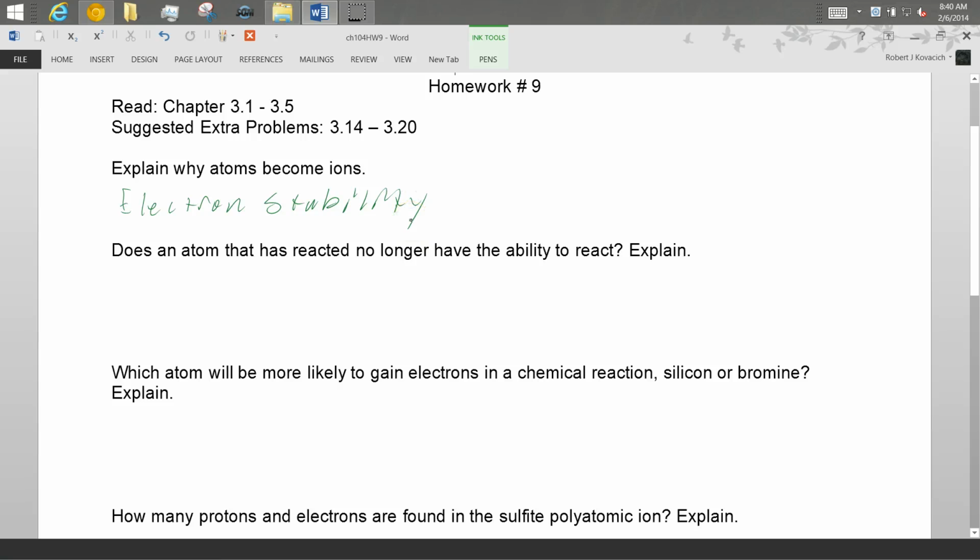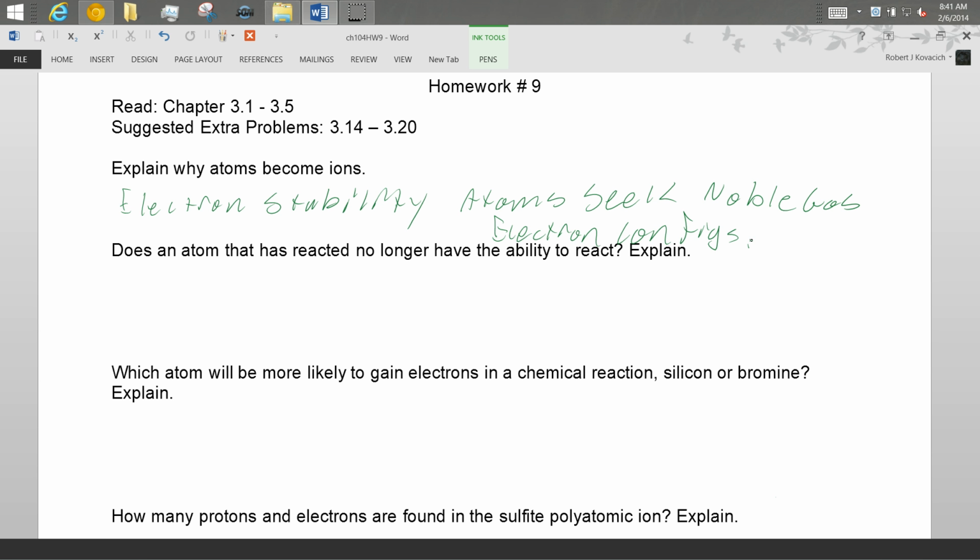Electron stability. The atoms are seeking out noble gas electron configurations. They just want to match the closest noble gas electron configuration.